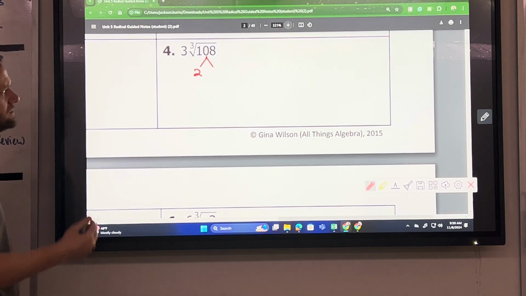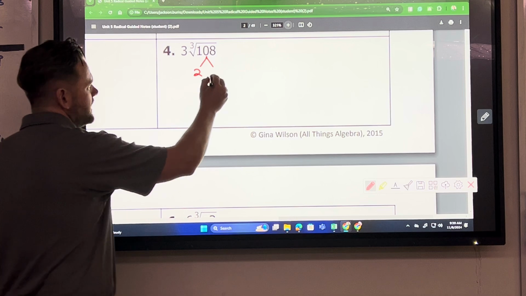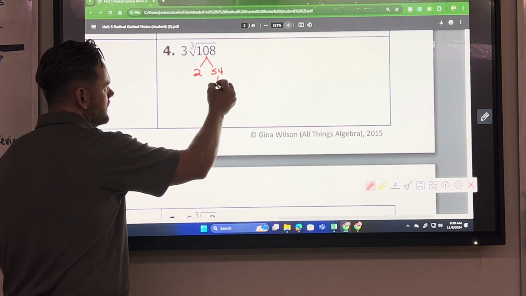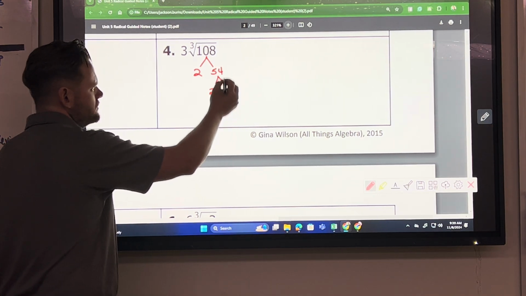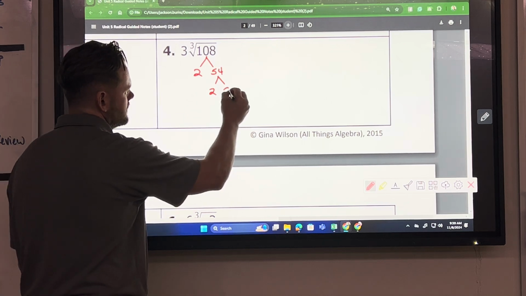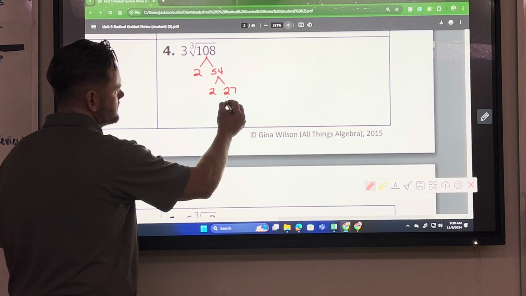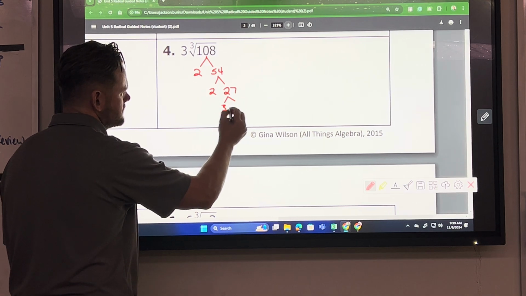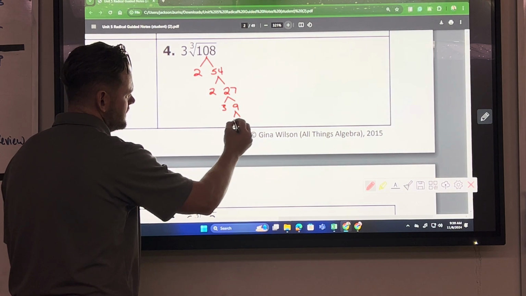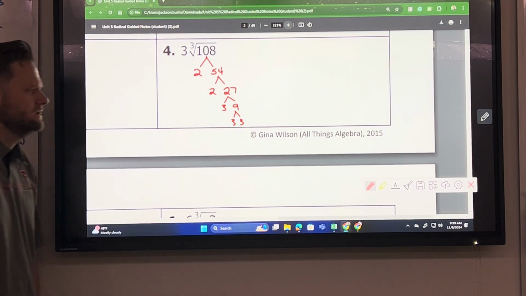I know 108, I can do 2 and 54, which I can do 2 and 27. And 27, I can do 3 and 9. And 9, I can do 3 and 3.